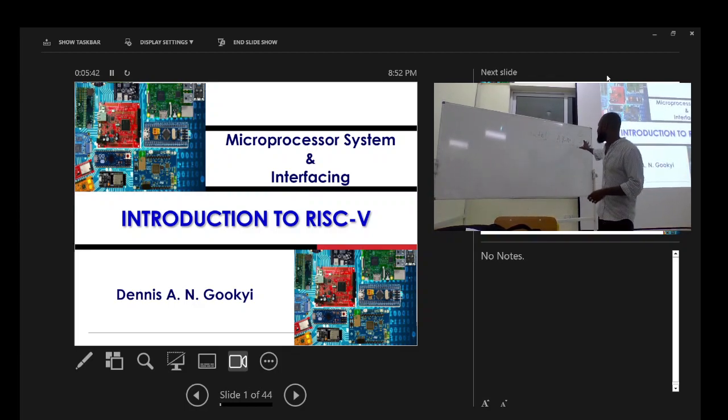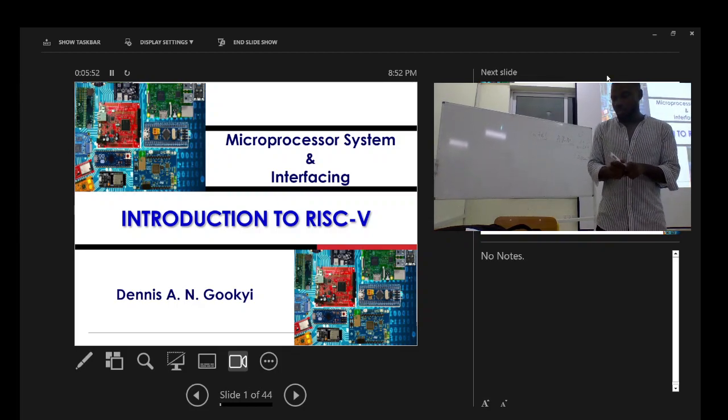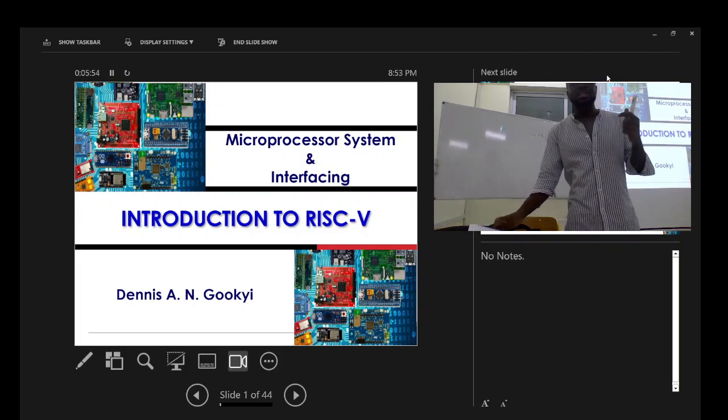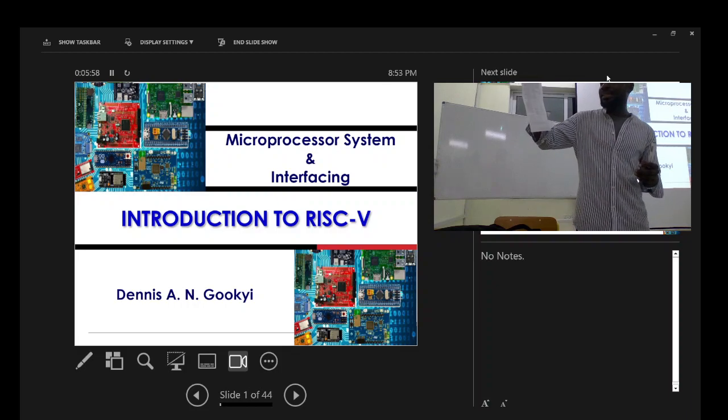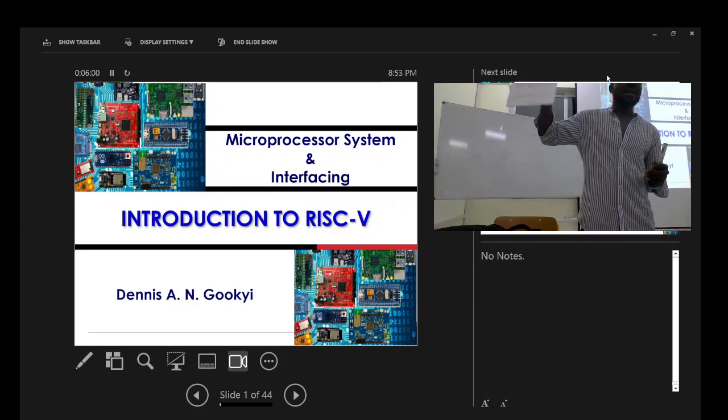You need to convert this to something else. So you use a compiler to compile this to assembly language. The assembly language is the language of the CPU, or the ISA. So all you are seeing here is assembly language.